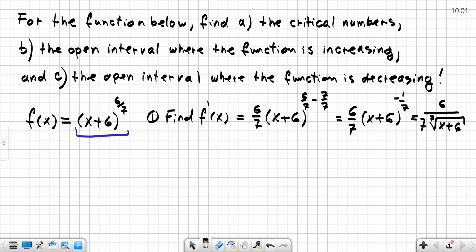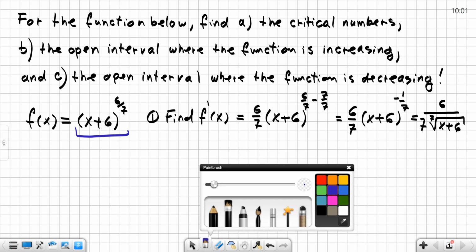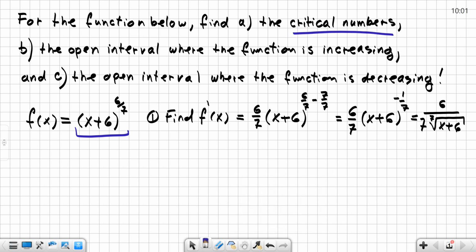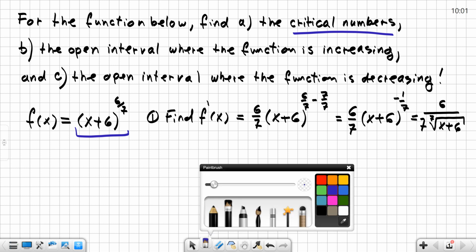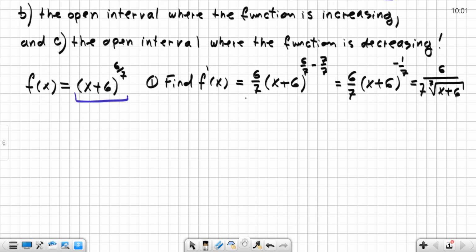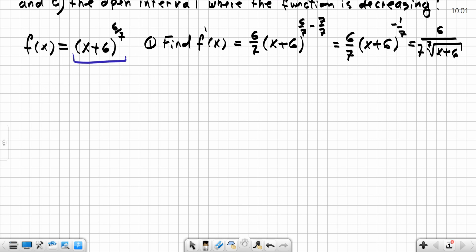Now, in order to find the critical numbers, second, we set this derivative equal to 0.